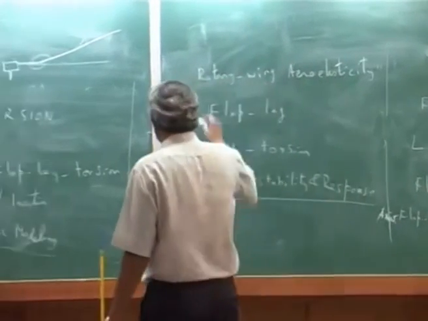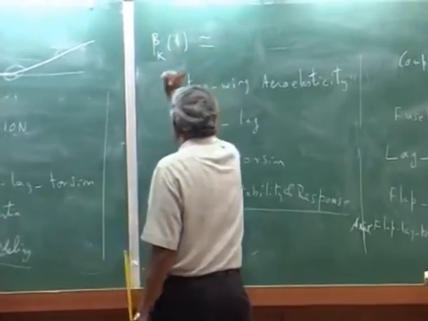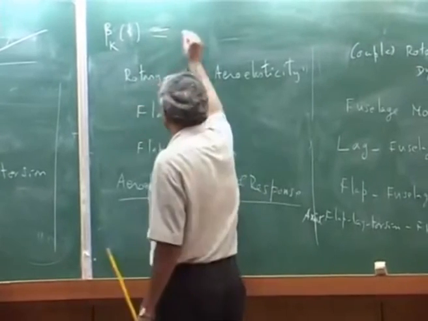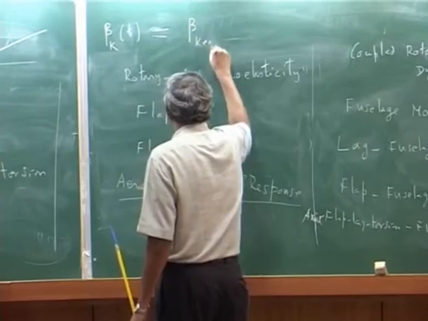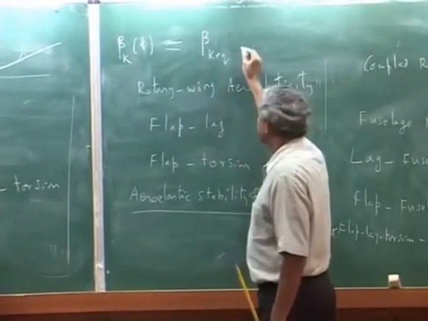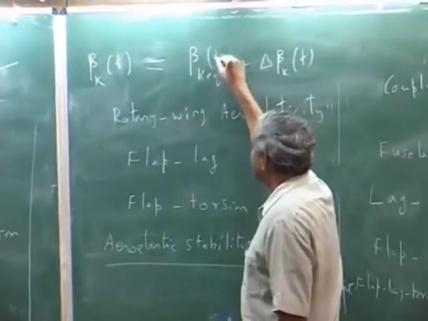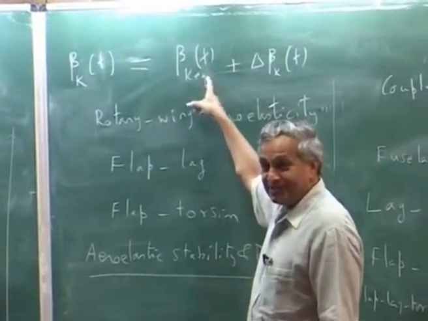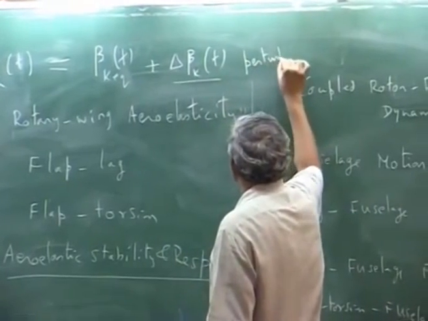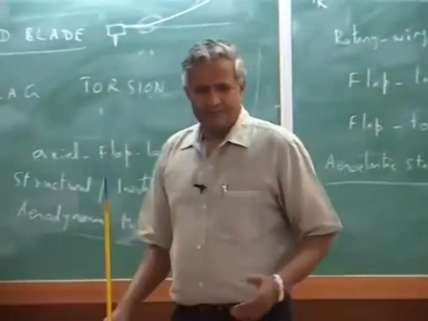If I say beta k, which is a function of time, I am going to write it, actually not even an approximation, I will put it equal to beta k equilibrium, which can be a function of time, plus this, which can also be a function of time. This is a perturbation.